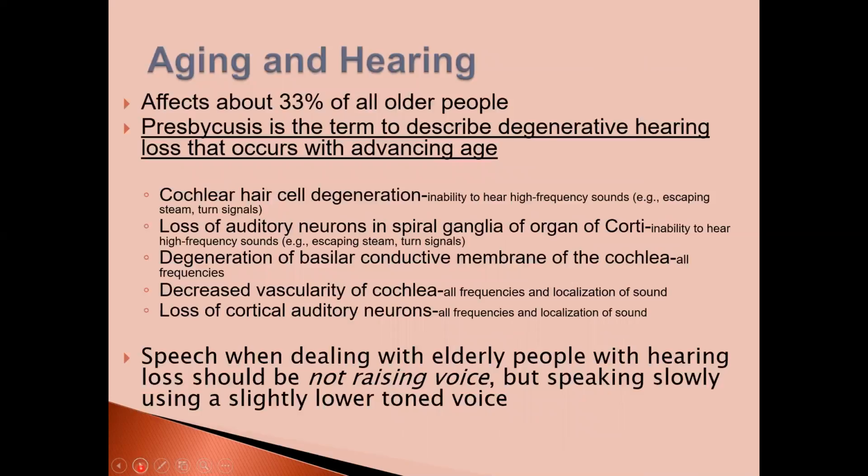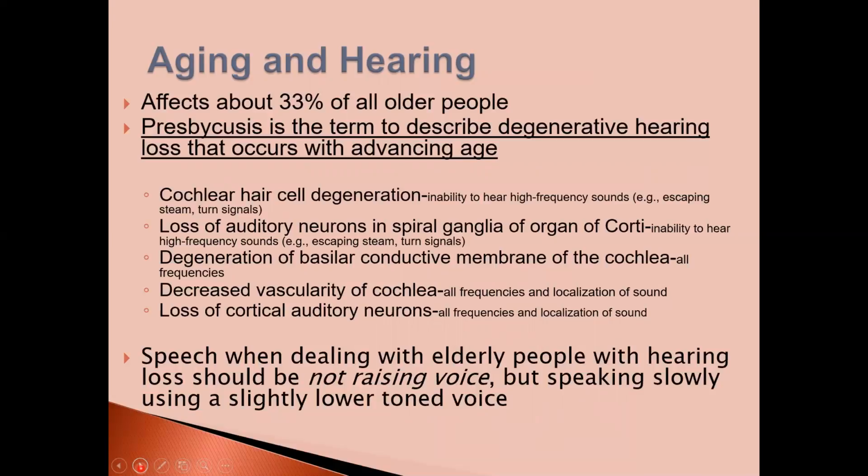So aging and hearing loss. Well, hearing is affected in about 33% of all older people. And there's a term called presbycusis. Presbycusis is a term that describes degenerative hearing loss that occurs with advancing age.